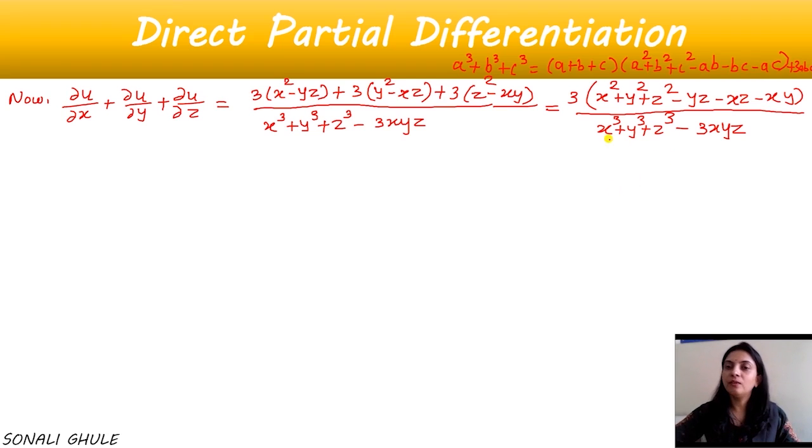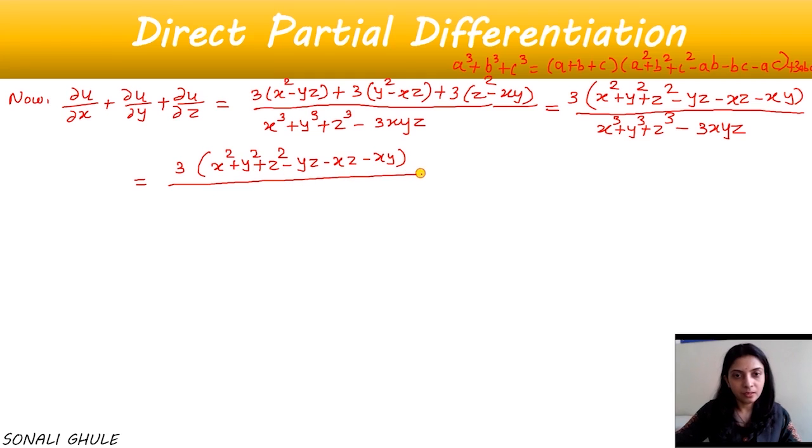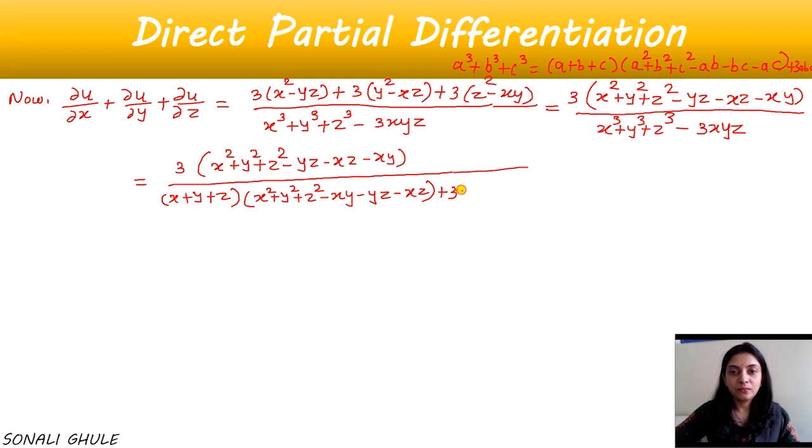So using this result here for this x cube plus y cube plus z cube, what we can write, see, this will be then 3 times x square plus y square plus z square minus yz minus xz minus xy upon, now using the formula here, I can write x plus y plus z in bracket x square plus y square plus z square minus xy minus yz minus xz plus 3xyz.